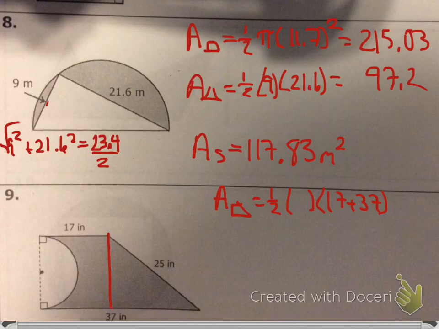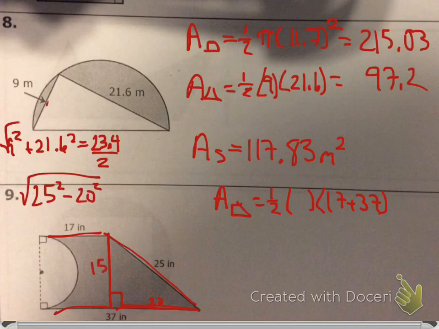If I divide this right here, I now have a 90-degree right triangle. So what's the distance right here? Well, subtract 17 from 37, you get this to be 20. Now I've got the hypotenuse, I've got a leg. If I say 25 squared minus 20 squared and take the square root, that will give me 15.